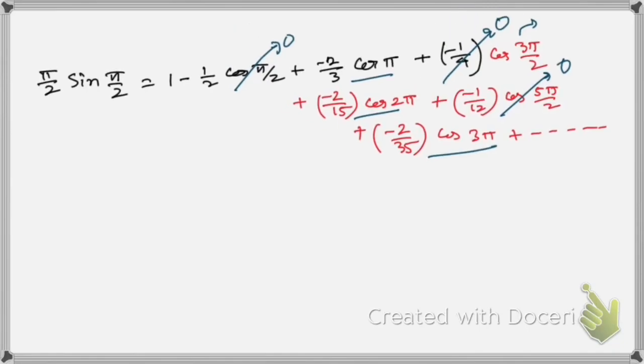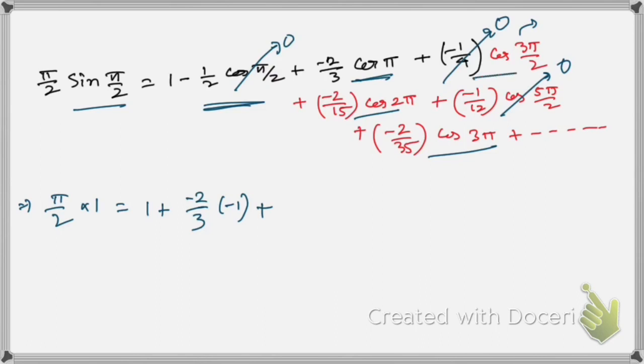So this is what we have got. So sin pi by 2 is 1, then we have got minus 1 by 2, cos pi by 2 is 0, so this term we got 0. Then again minus 2 by 3, cos pi is minus 1, right, then plus this is gonna be 0, then again we have got minus 2 by 15, cos 2 pi.